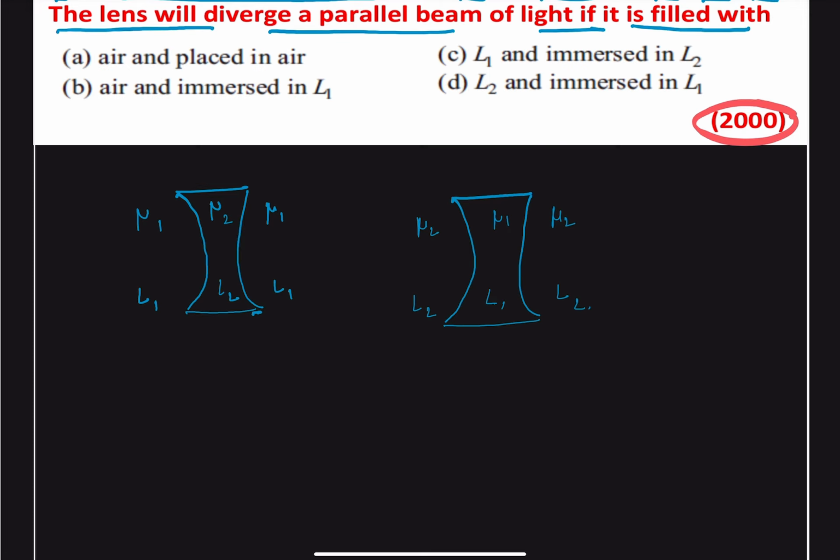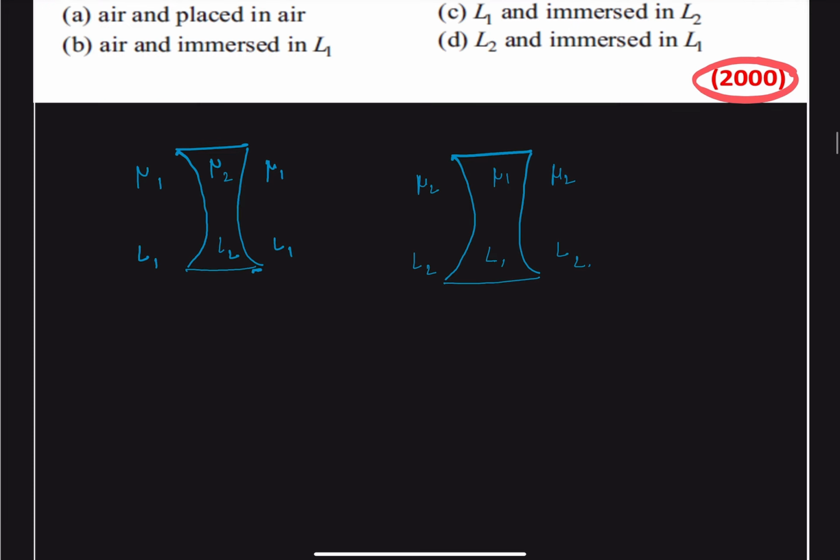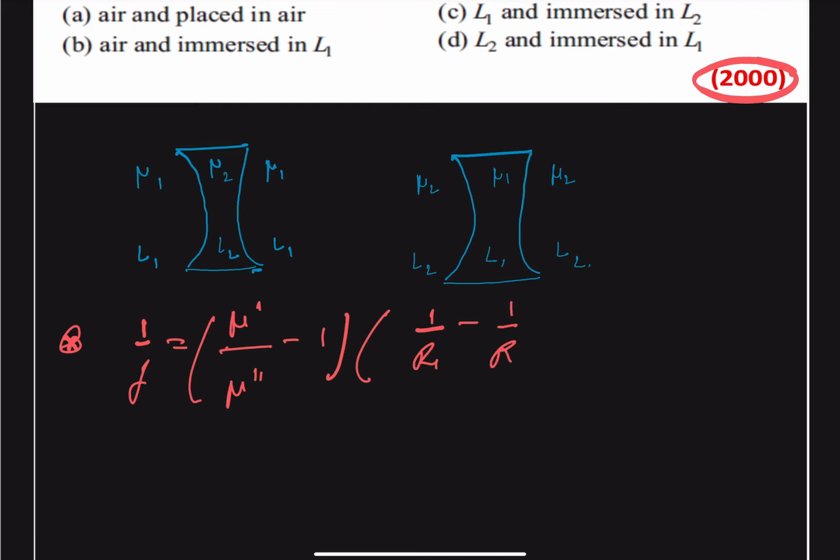And the formula which we can use is 1 upon f is equal to, let us call this mu prime over mu double prime, minus 1, times 1 upon r1 minus 1 upon r2.